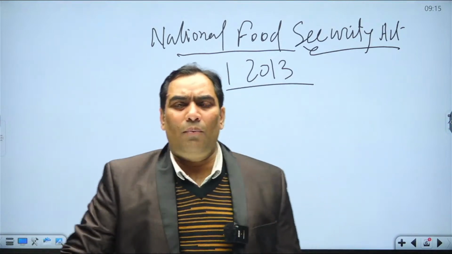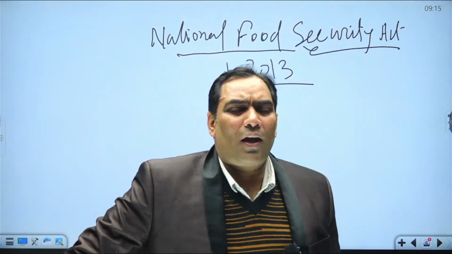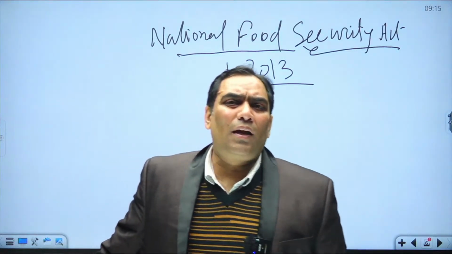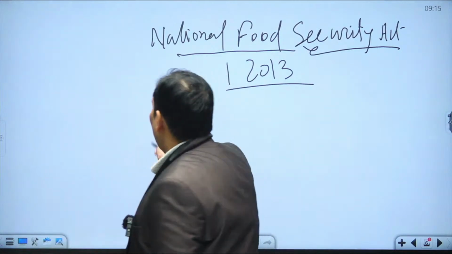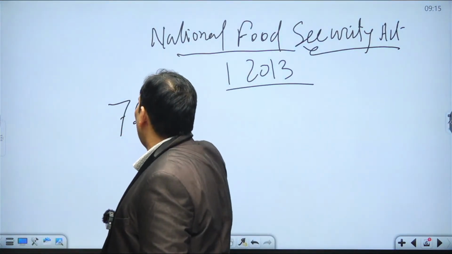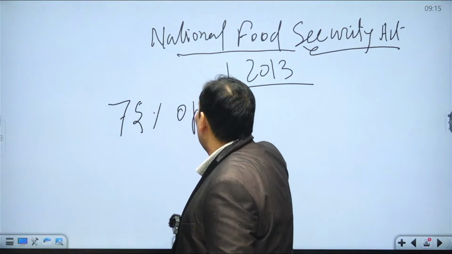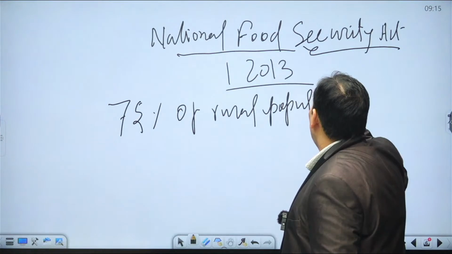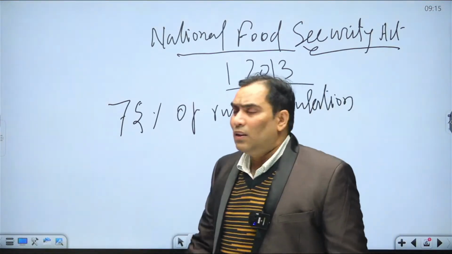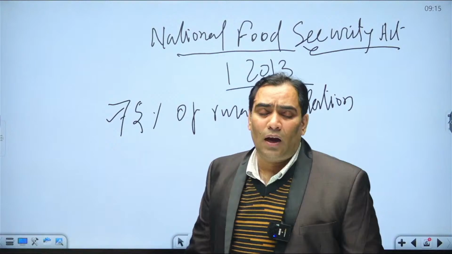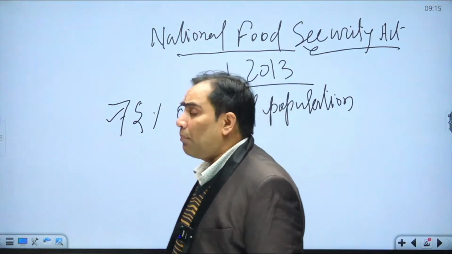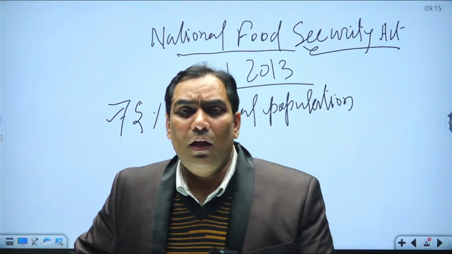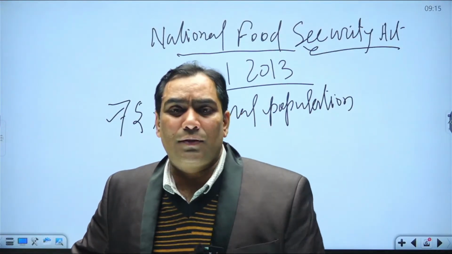But still we are not able to, as we have figured out with the data. What was the provision under it? 75% of the rural population, be very clear, was covered under the National Food Security Act. That means they were entitled to get food grains at a subsidized rate, and 25% of the population was eliminated. They were not entitled to get any subsidized food grains.